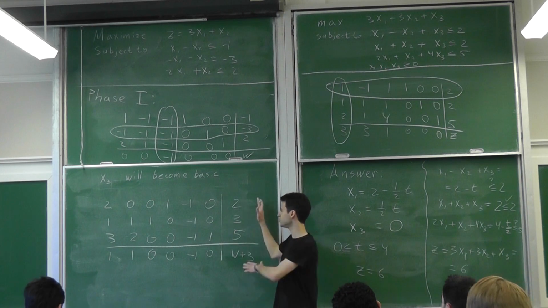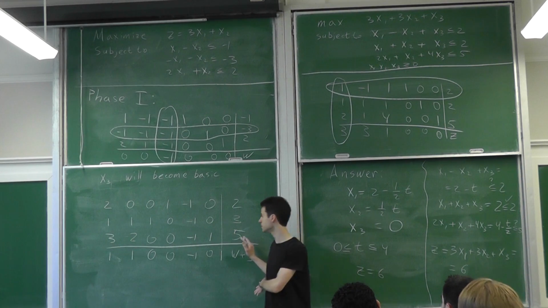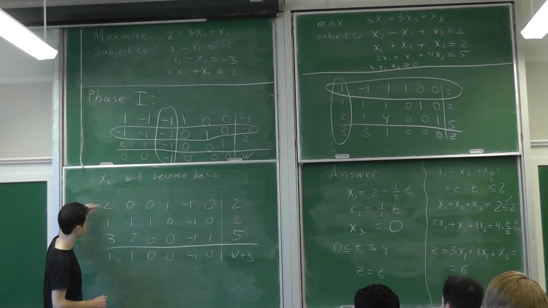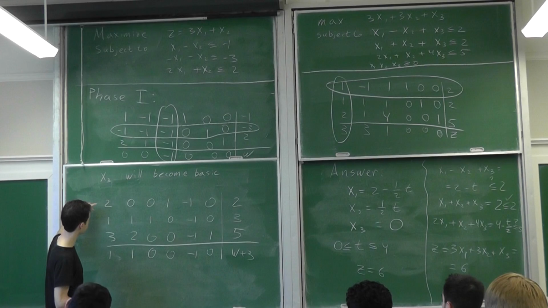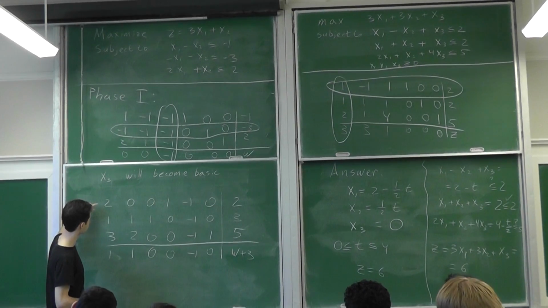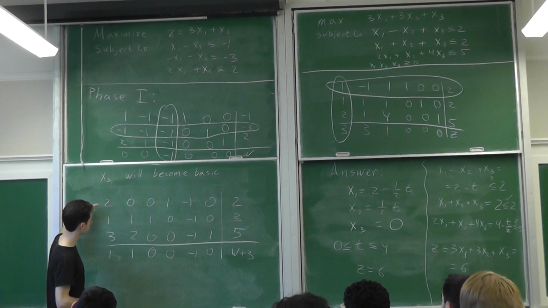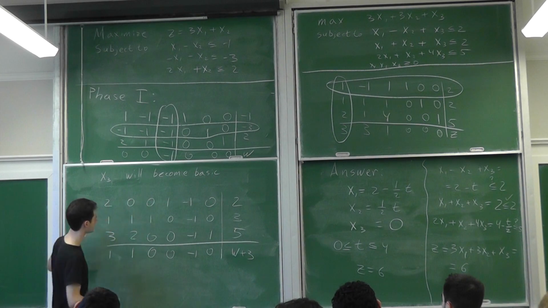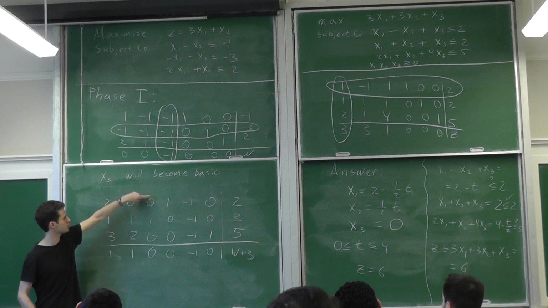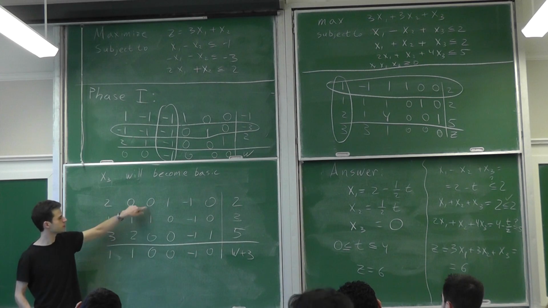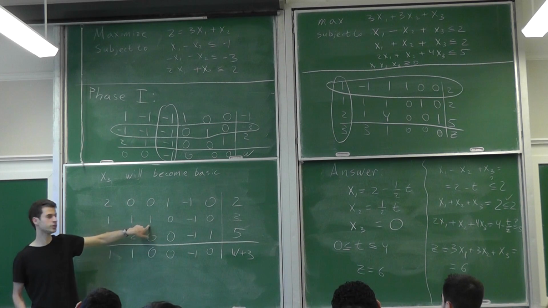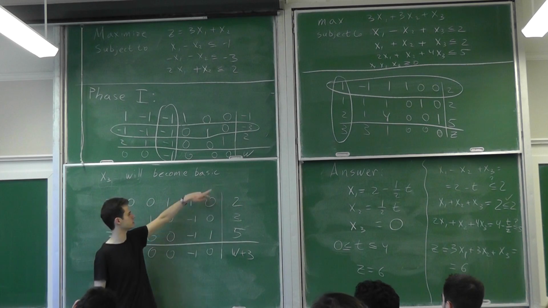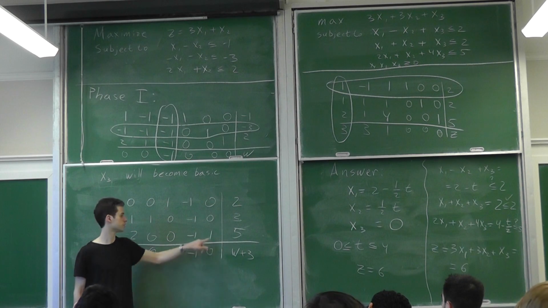But at least I have a feasible solution. What variables are now basic? x3, x4, and x6. So the basic variables are now these ones: x3, a column of zeros and 1 here, x4, 1 here and a column of zeros, and x6, zeros and 1.